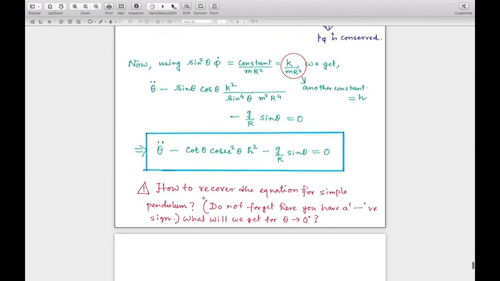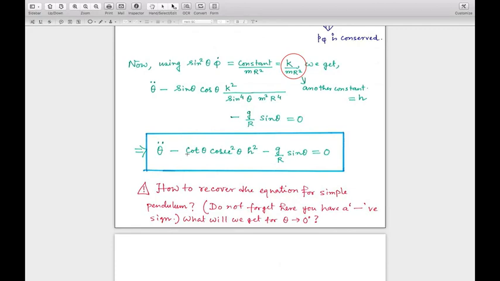Now maybe you can think about whether you can really recover the equation of a simple pendulum from this equation. Also think that in the spherical pendulum you have a minus sign.